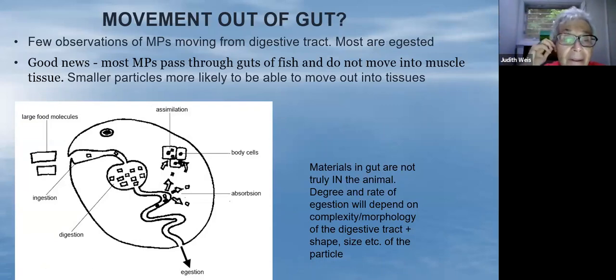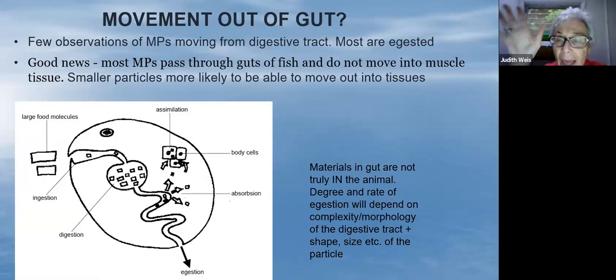It's a passageway, and they're in the passageway. What really counts is, do they get out of that passageway into the animal proper? And here's a diagram of the body cells, and here's absorption out of the gut into the real, if I could say that, body cells.